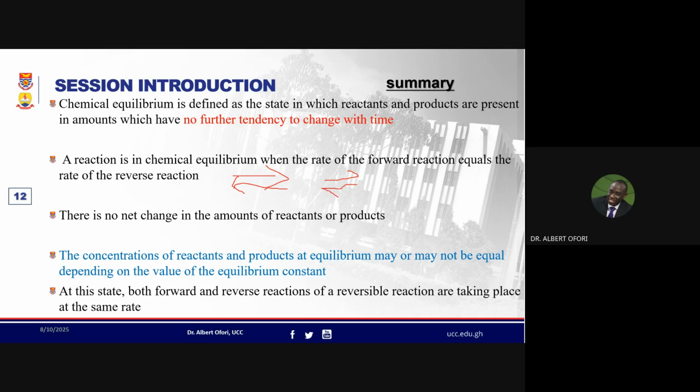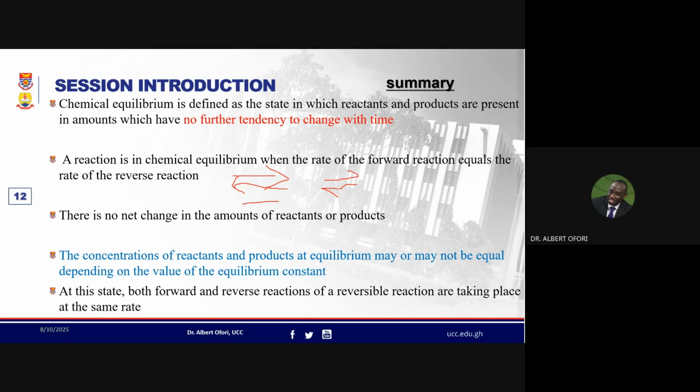So there's no complete product, there's no complete reactant. It's partial. Unlike this case, where there's a complete product and a complete reactant. The reactant can form a complete product, and the product can break down to form complete reactant. So that's one misconception I want you to take note of.